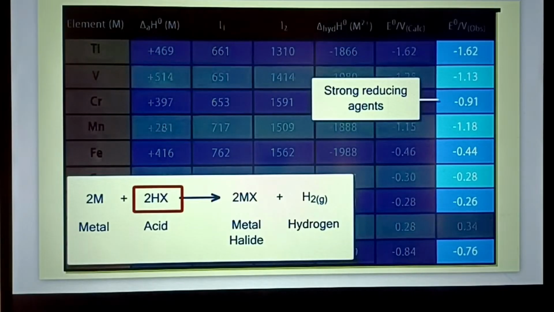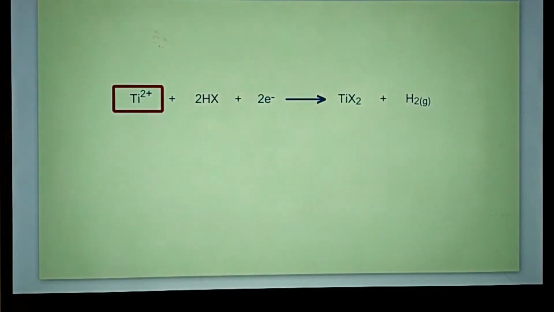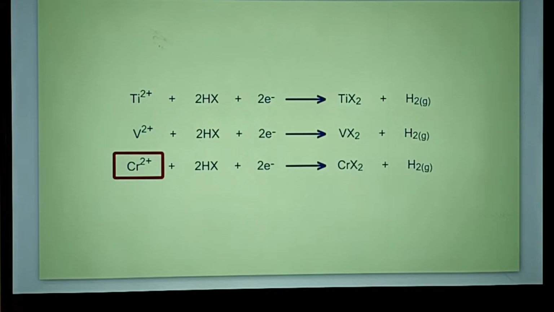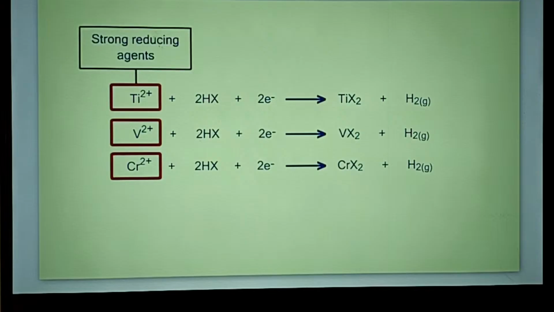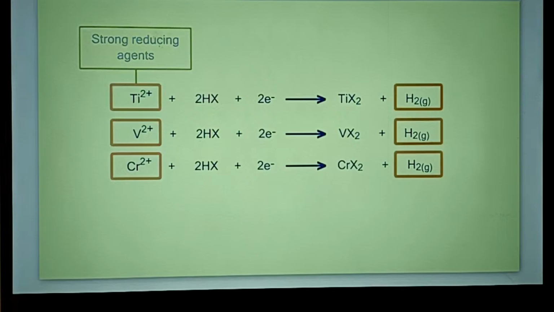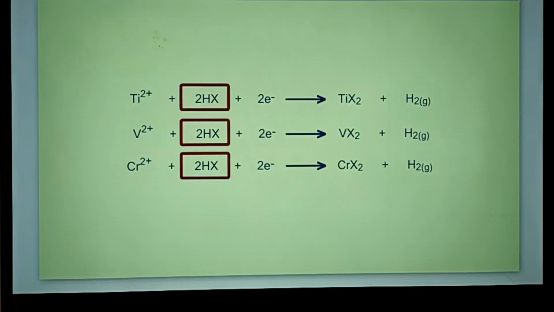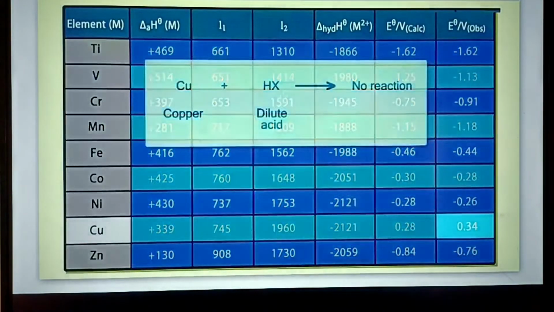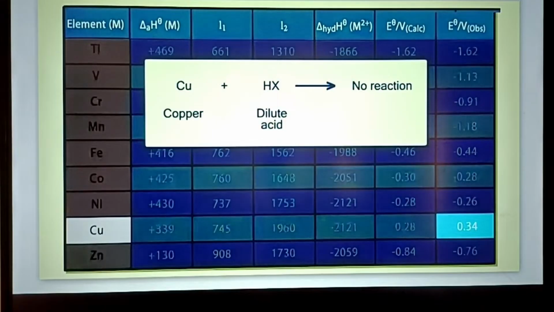For example, titanium(2+), vanadium(2+), and chromium(2+) ions act as strong reducing agents and liberate hydrogen from a dilute acid as shown in the equations here. On the other hand, copper with a positive reduction potential does not liberate hydrogen from dilute acids.